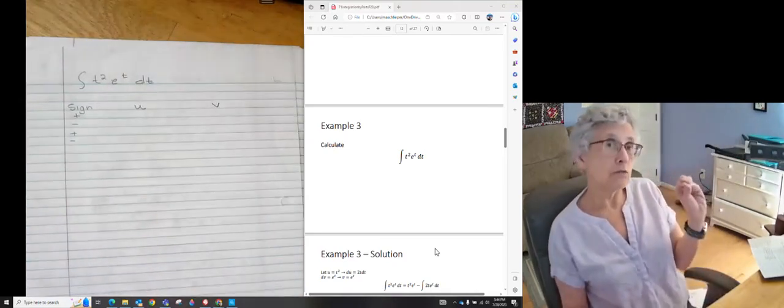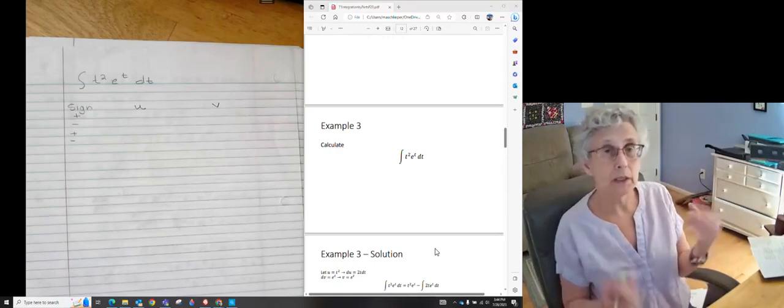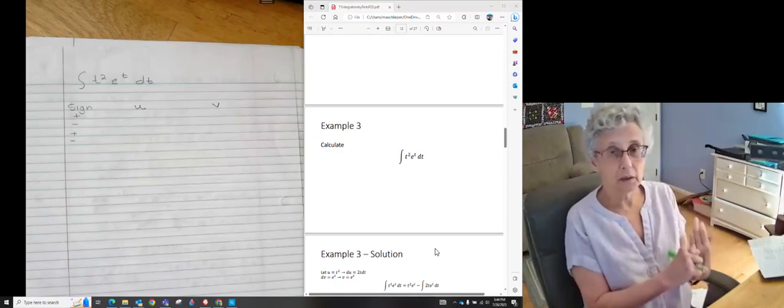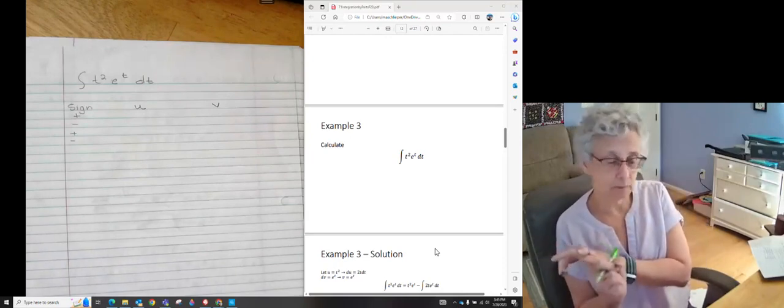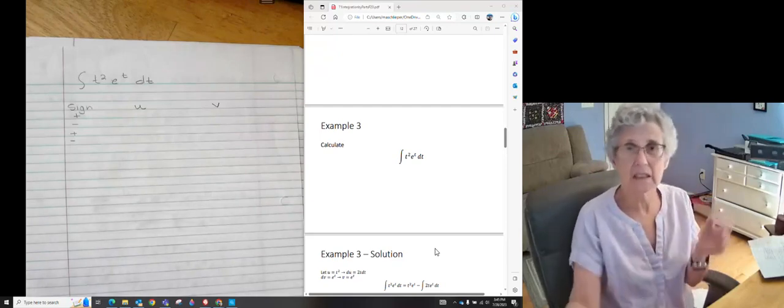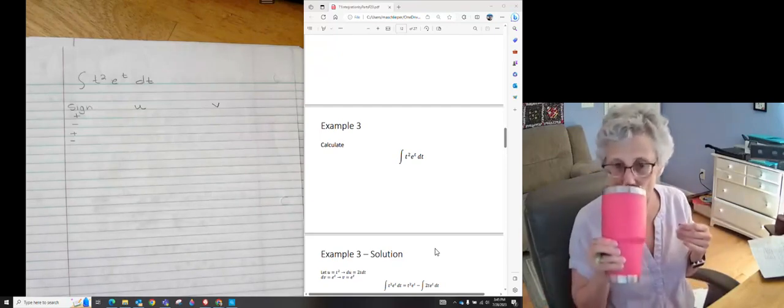Your cue for when you use a table method is when you have a polynomial times either an exponential or a trig function, something that's easy to take the antiderivative of.